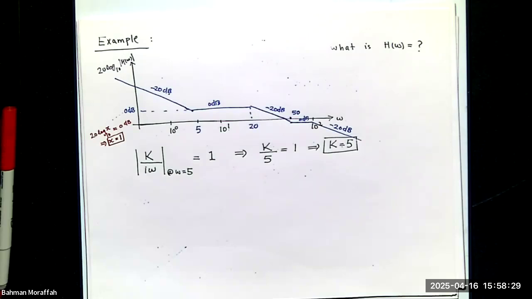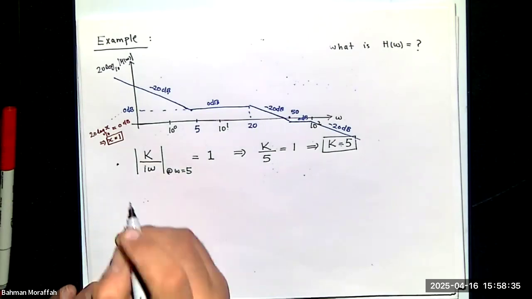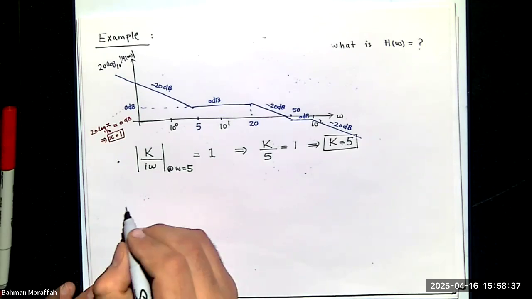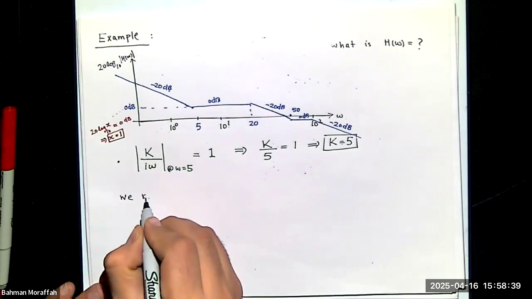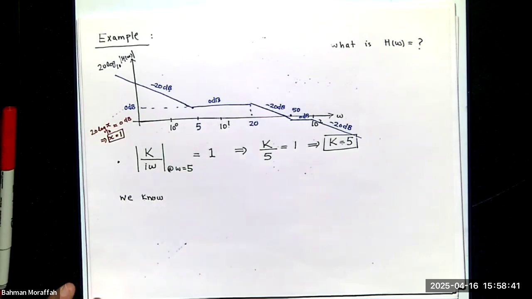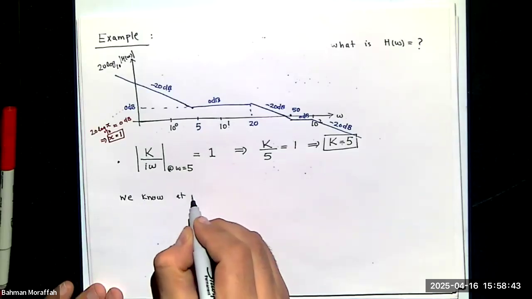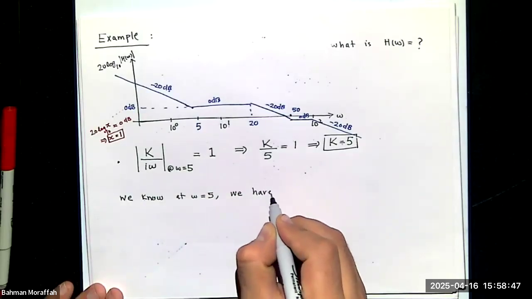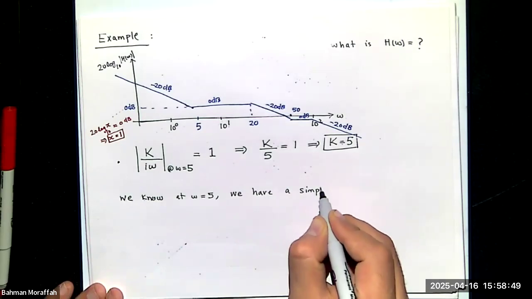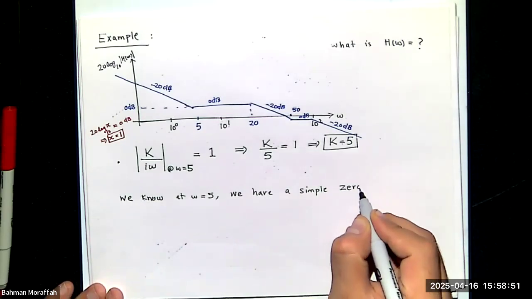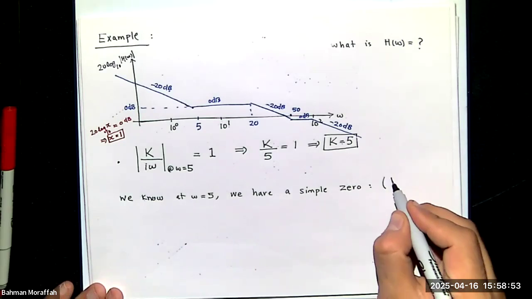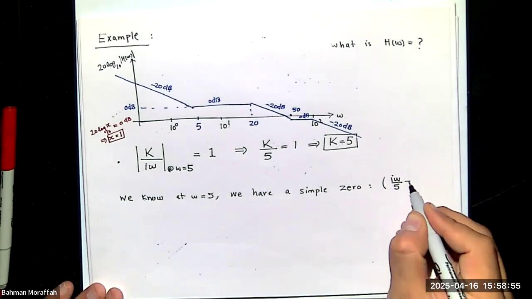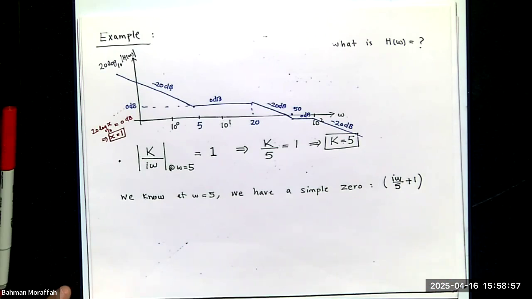So we know at omega equals 5, we have a simple 0, which we can write as I omega divided by 5 plus 1.